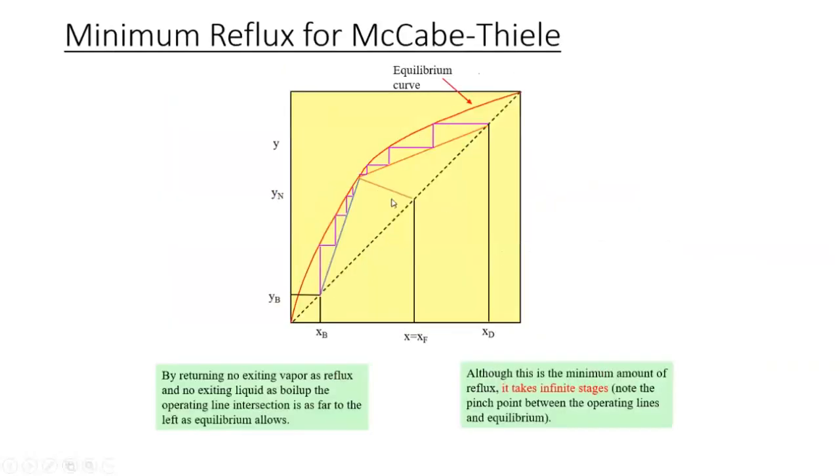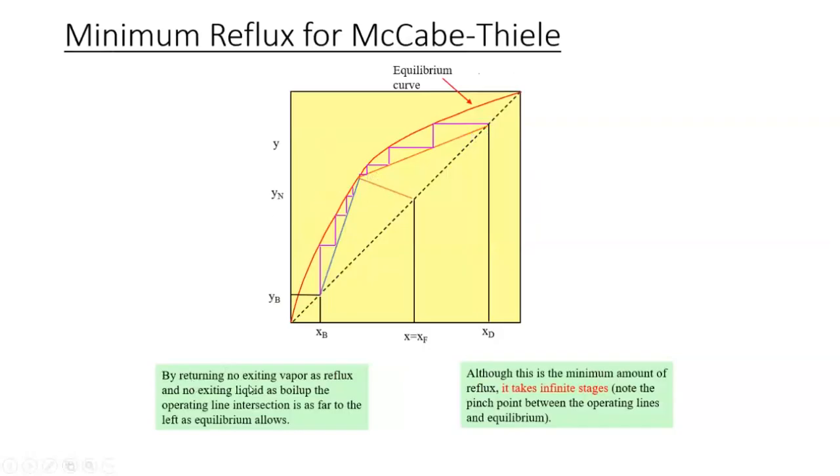And as I discussed, to determine the minimum reflux ratio, what we need to do, I have shown here: the Q line is drawn up to the equilibrium curve where it is intersected. At that condition, the reflux ratio of this operating line will be the minimum reflux ratio.